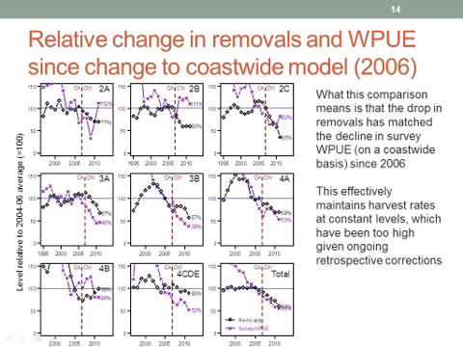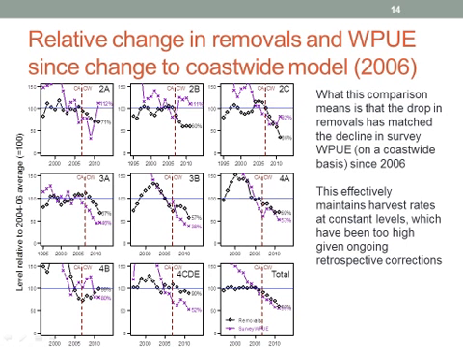And that's kind of how we've made our recommendations each year. The model has basically followed that declining trend in WPUE. We've made recommendations on that, and to a large part they've been accepted. But as Juan's presentation showed, the target harvest rates were likely too high during that period.